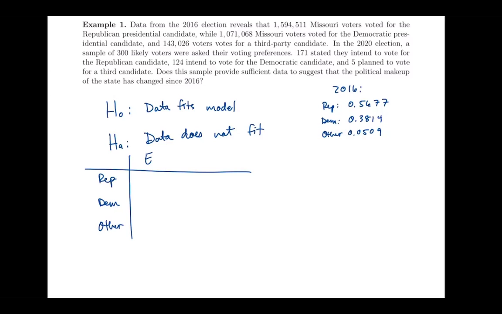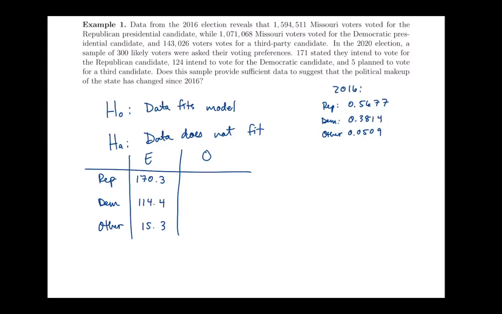We would expect 56.77% of 300, which is 170.3, to vote Republican, 114.4 to vote Democrat, and 15.3 to vote other. That's what we would expect using the 2016 model with a sample of 300 people.